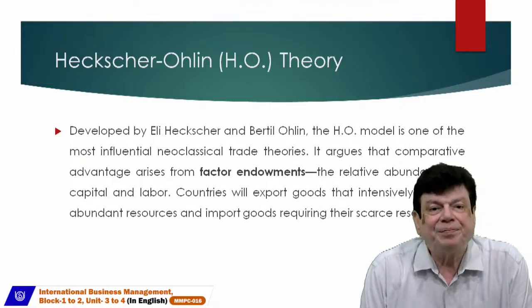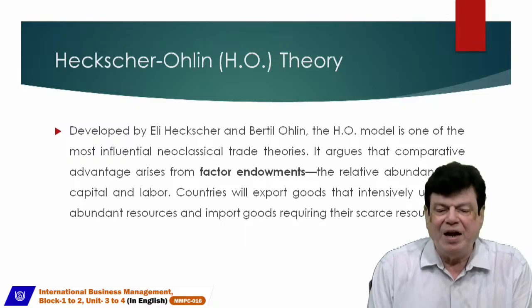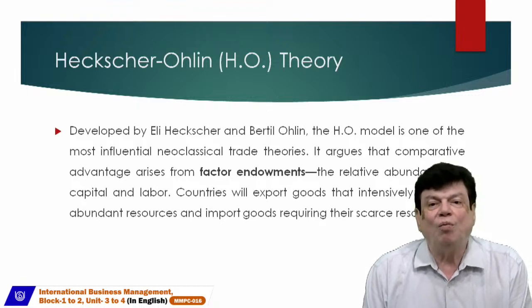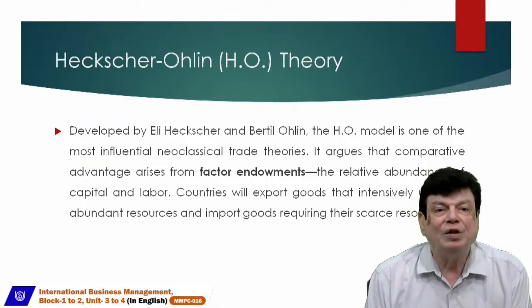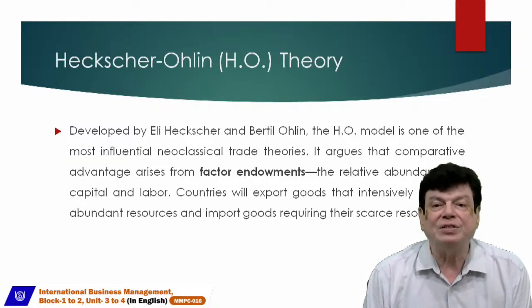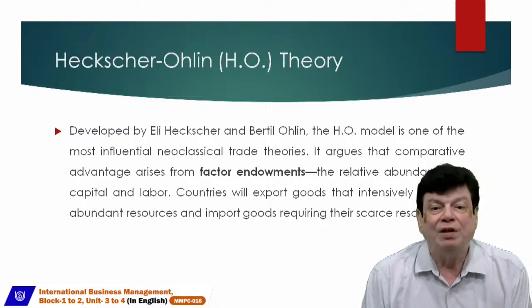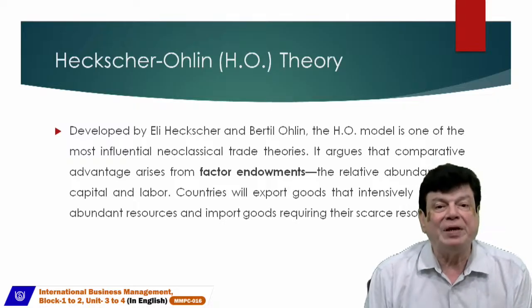Developed by Eli Heckscher and Bertil Ohlin, the HO model is one of the most influential new classical trade theories. It argues that comparative advantage arises from factor endowments, the relative abundance of capital and labor.